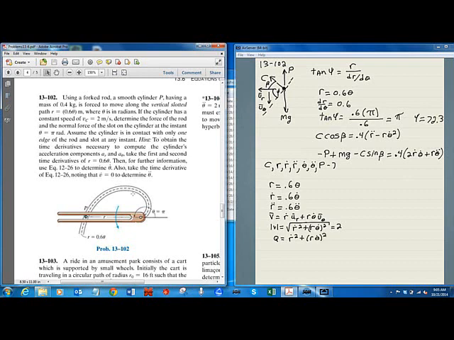That's speed squared. And I'm going to take the derivative of Q, speed squared, with respect to time. So this is going to be 2 r dot r double dot.